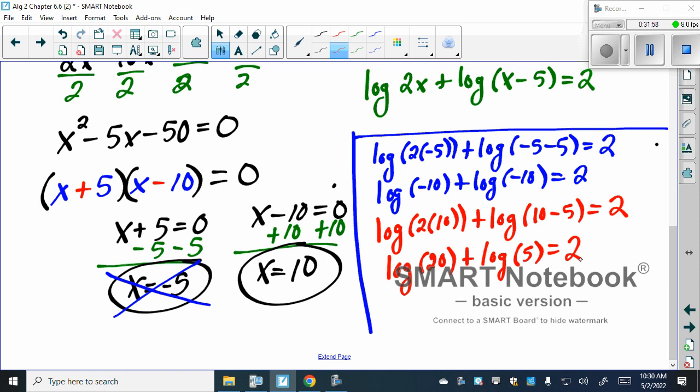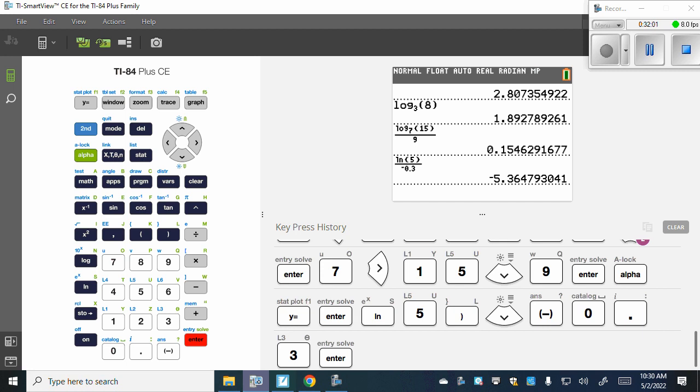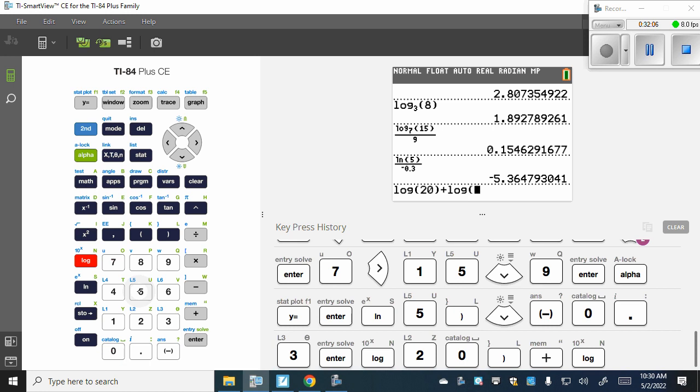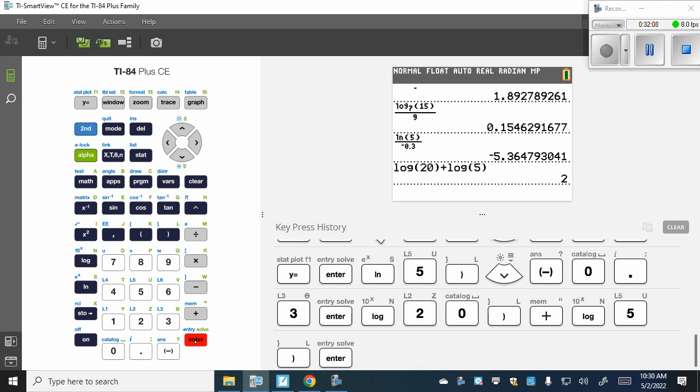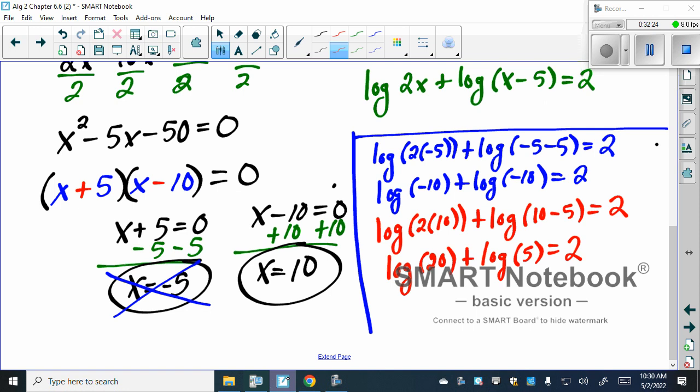And if I wanted to, I can grab the calculator and say log of 20 plus log of 5 and hit enter, and it does give me 2. So this one here works. So x equals 10 is the answer. x equals negative 5 does not work because it does give us negatives inside the log. Any questions on this here?